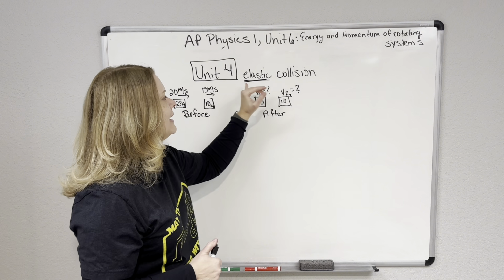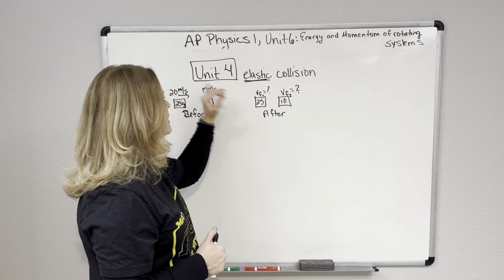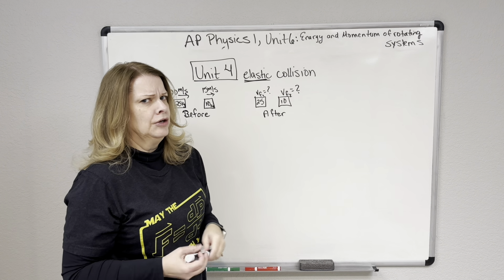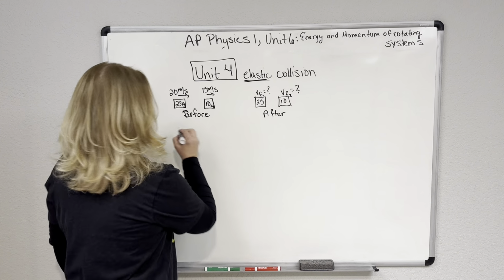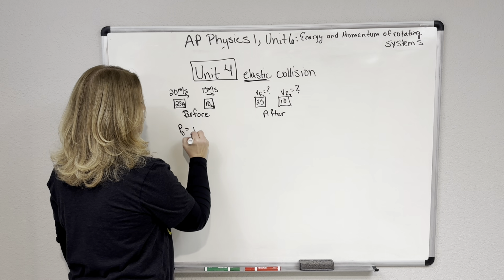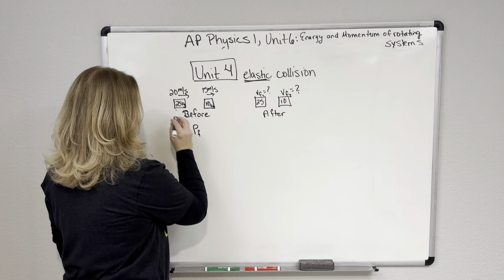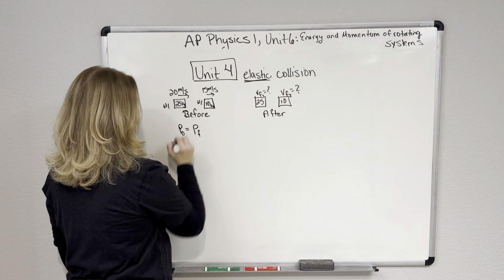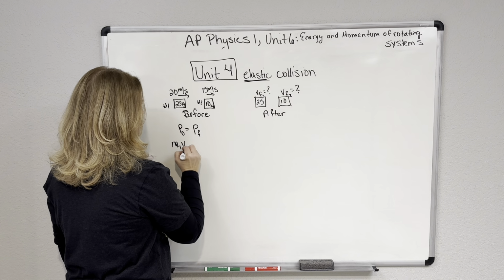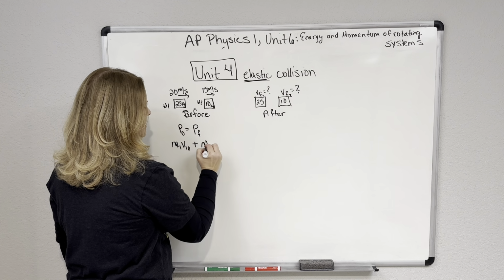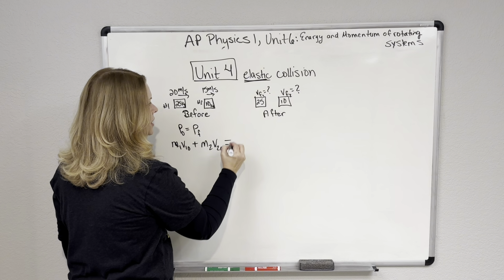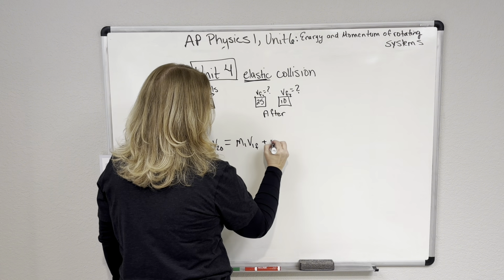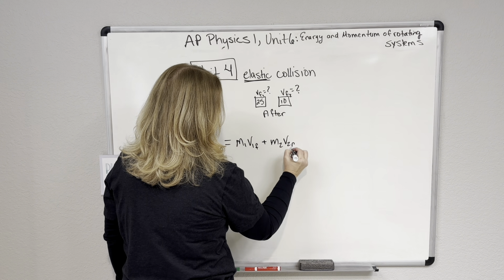But in an elastic collision, you might get a problem where they don't give you either velocity. If I do my momentum before equals my momentum final, and I call this cart 1 and this cart 2, I would have M1 V1 initial plus M2 V2 initial equals M1 V1 final plus M2 V2 final.